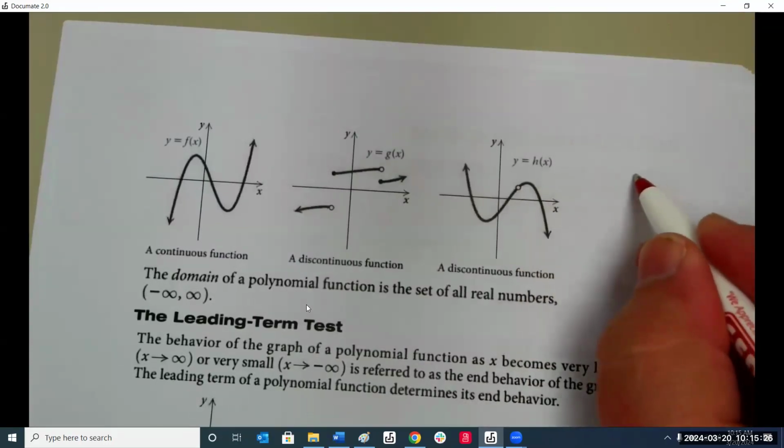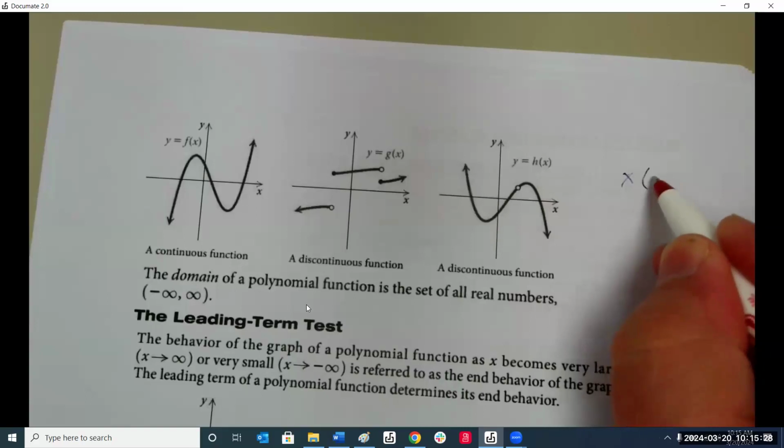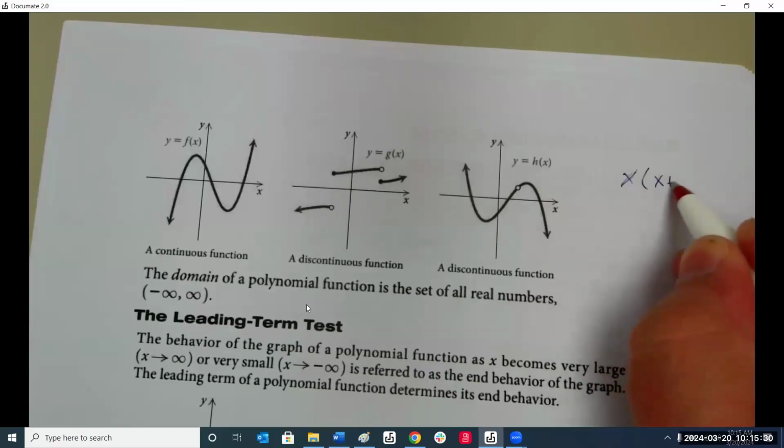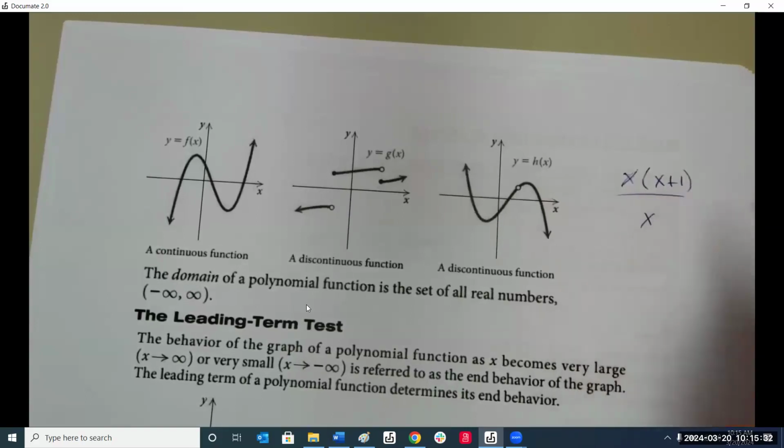You get holes in a function. Let's say if we factor out the equation, we get this.